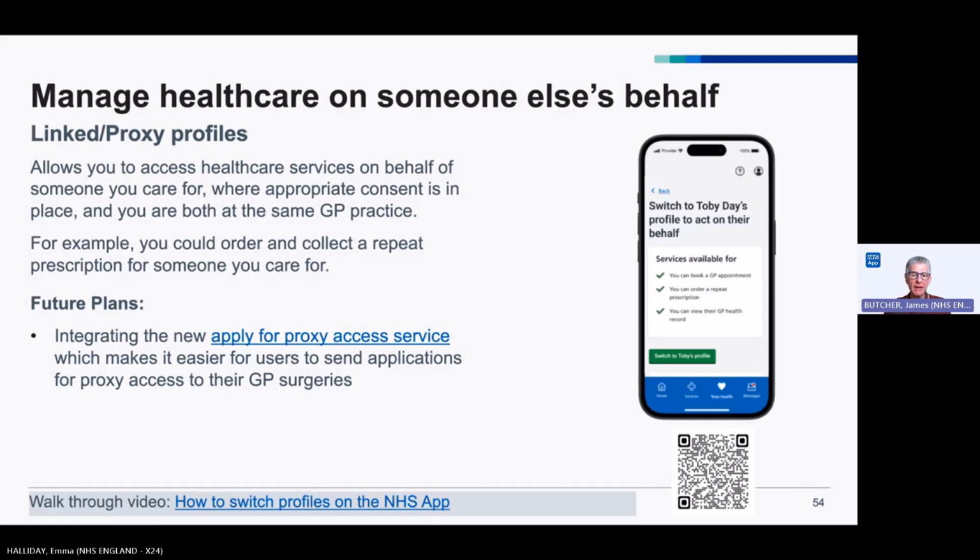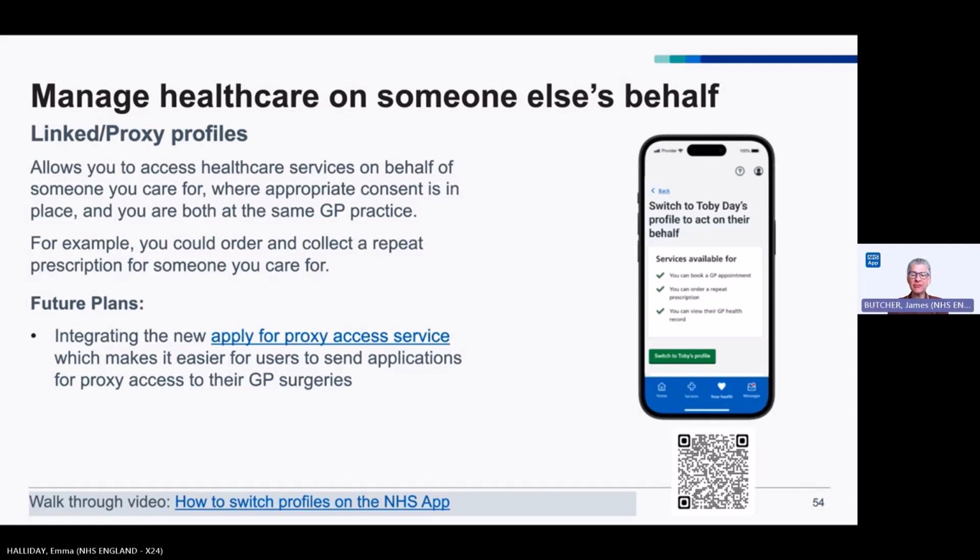Anyway, linked accounts, which are also known as proxy, enable patients to share their accounts with other people, such as family members or carers. And of course, consent needs to be in place. To get access, the patient would need to go into the practice and follow a process to sign up, which includes proving identity. You would follow the existing guidelines that are already out there for proxy access.